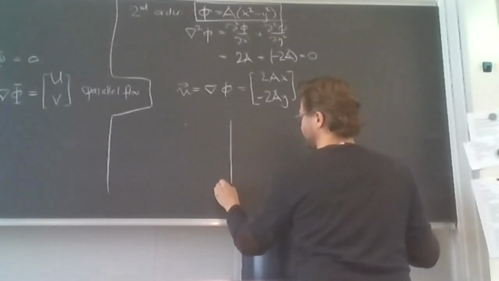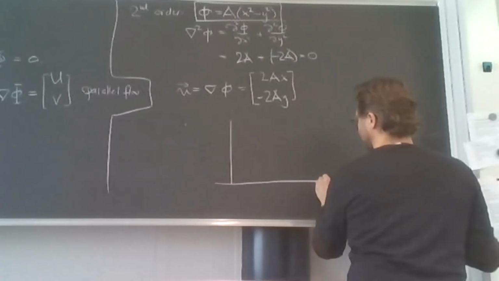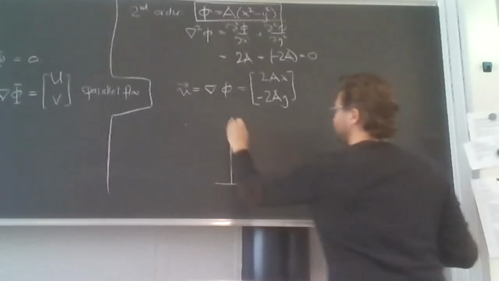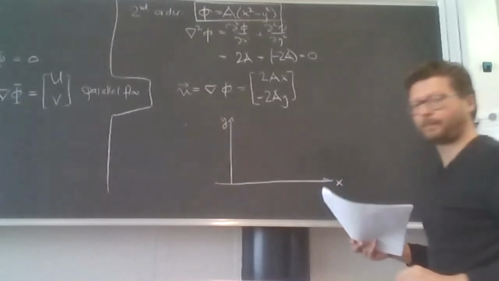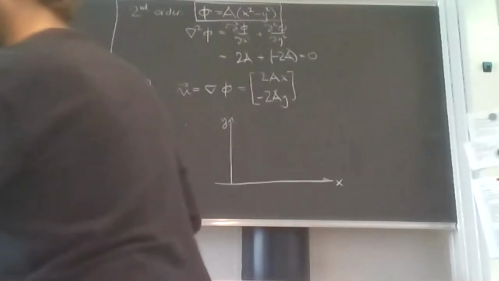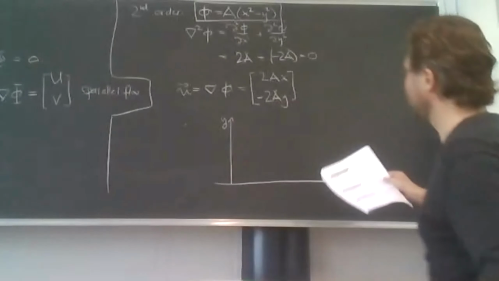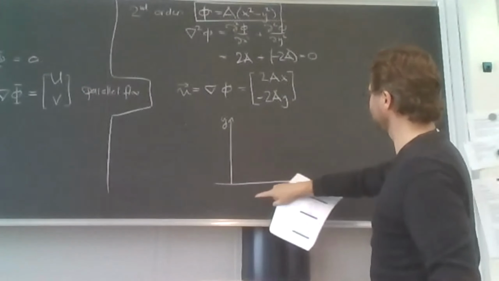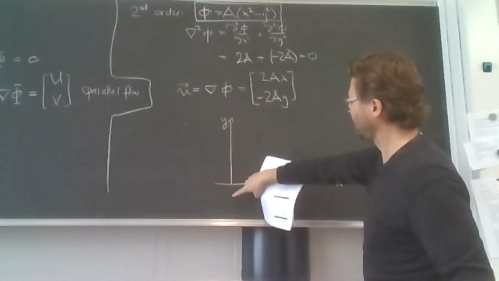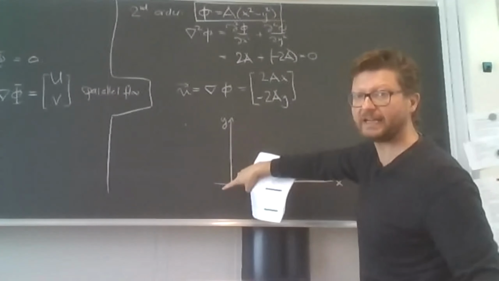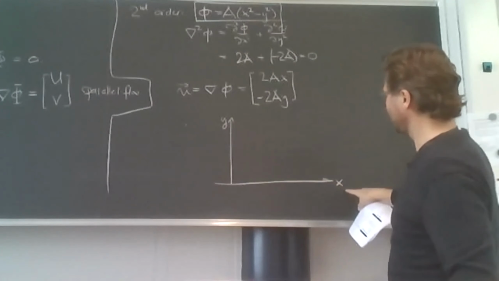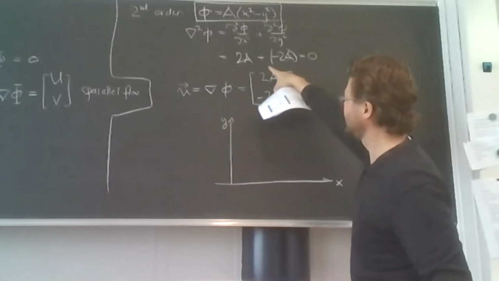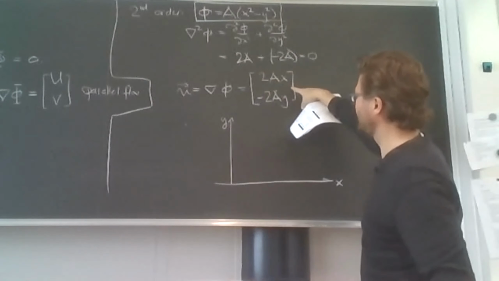Let me draw a diagram here. Use the blue. So what are the velocities on the y-axis? On the y-axis, the coordinate x is equal to 0. So on the y-axis, this is always 0.